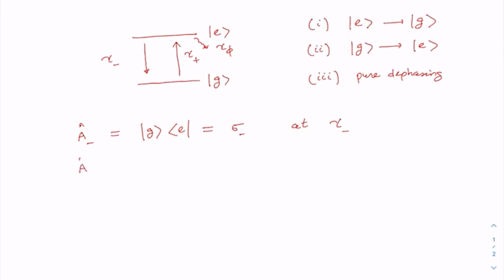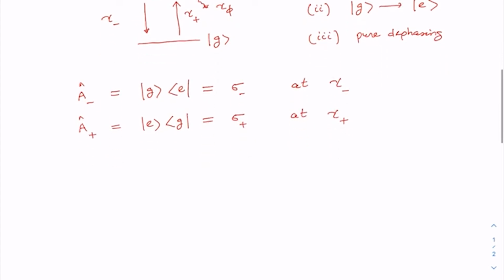And then we have this absorption process A plus, where we are going from the ground state to the excited state, and this is the atomic raising operator, and this process is happening at the rate gamma plus. And finally, we have the pure dephasing process, and here the relaxation operator is |e><e|, we are going from the excited state to the excited state, and there is a prefactor of square root 2, and it is happening at the rate gamma phi.